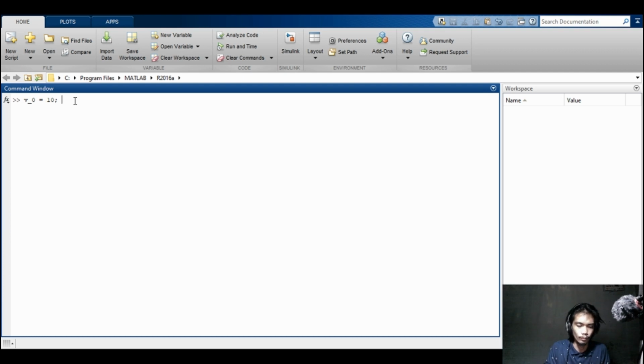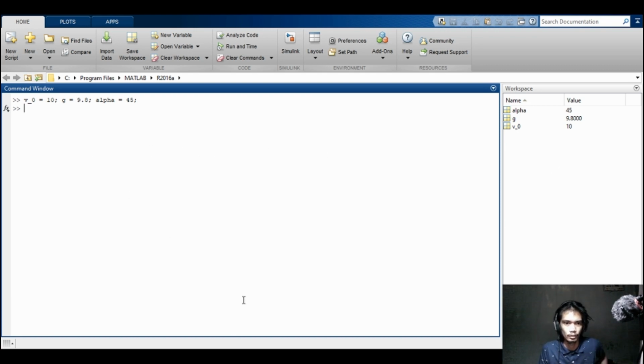Okay, so v0, and the gravity, which is 9.8, and then we have alpha, which is equal to 45 degrees. So enter, and as you can see, it gets declared here sa gilid under workspace.